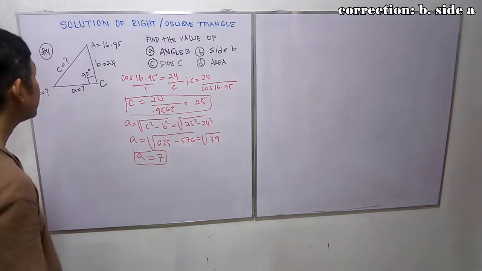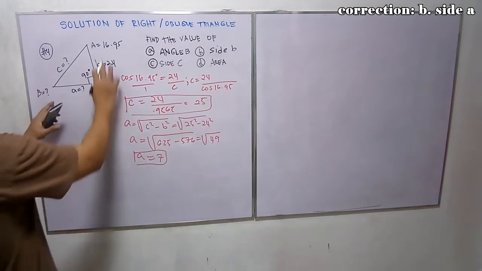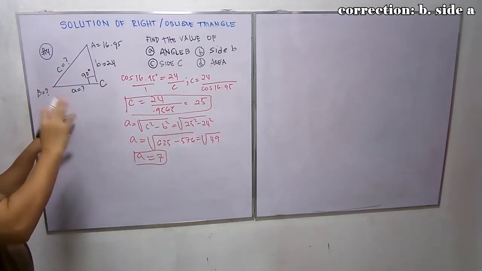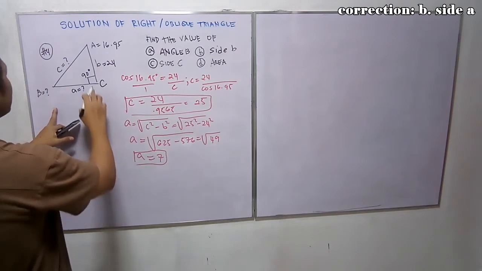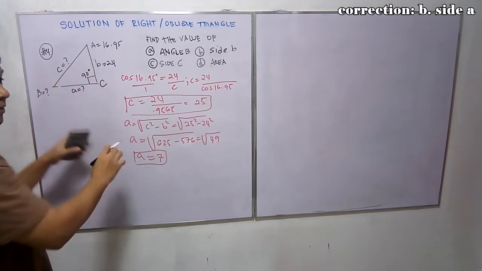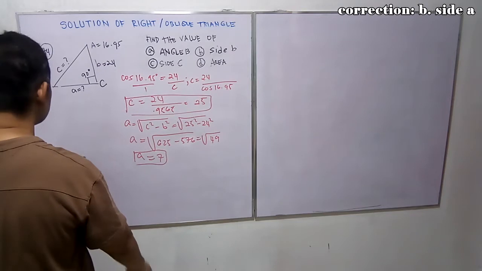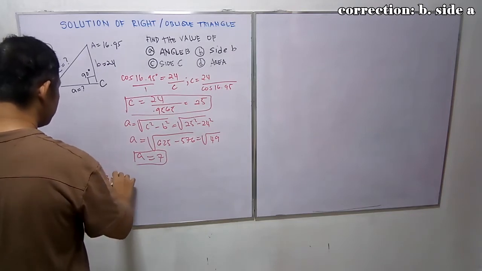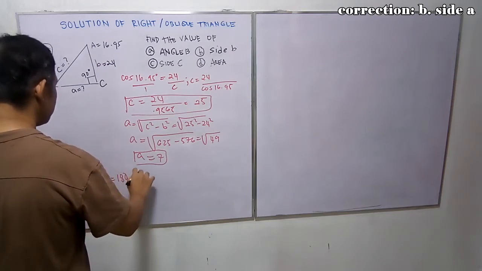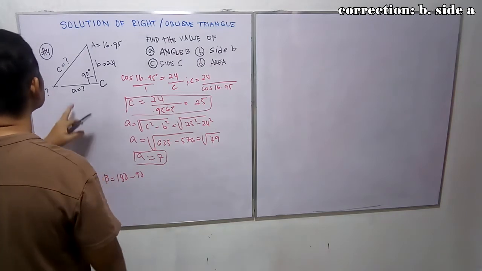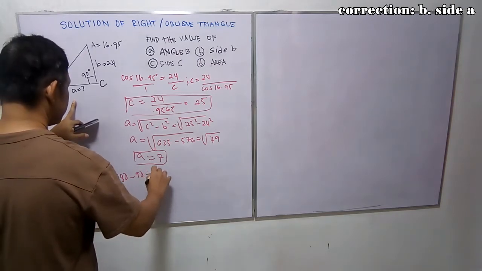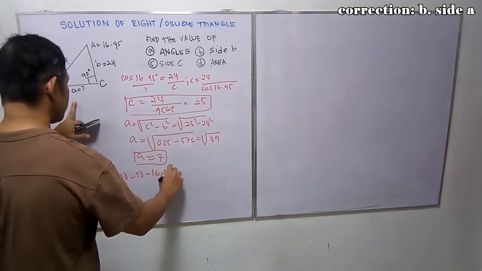Okay na yung dalawang side. So yung isang angle na lang, B, madali nang hanapin kasi tatlo lang naman sila, tapos yung total angle ng triangle is 180 degrees. Therefore, B equals 180 minus 90 minus 16.95 degrees.